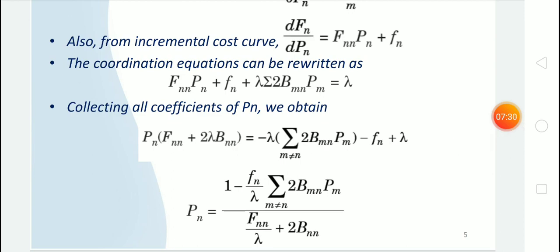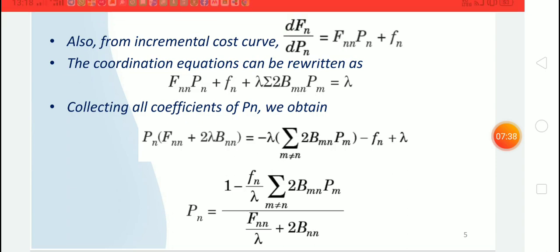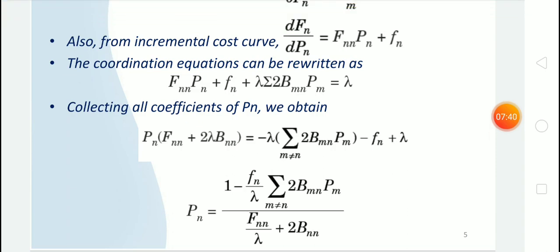So we can take the Pn value. We can collect the coefficients of Pn. For collecting the coefficient of Pn, we can split this sigma term into 2 parts: one with m equal to n and another part with m not equal to n. When m equal to n, the term will be Bnn Pn.